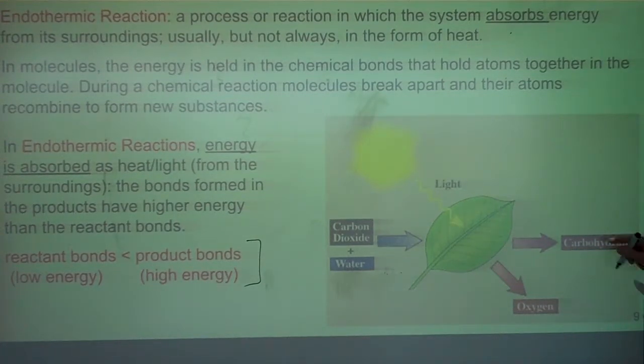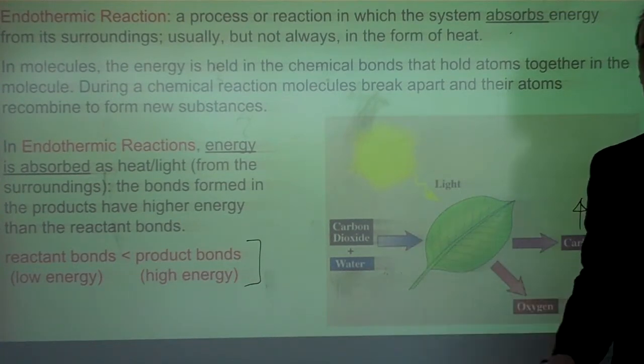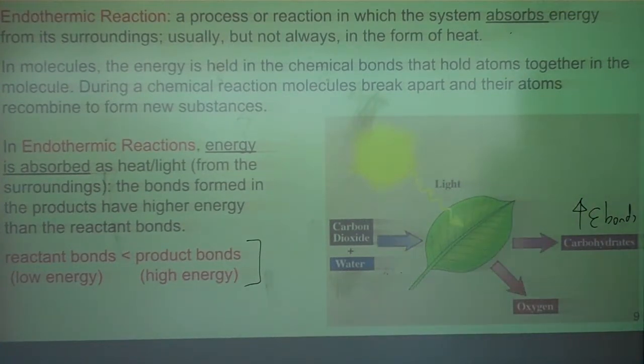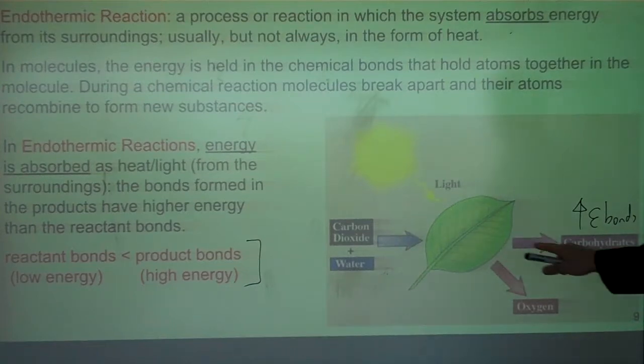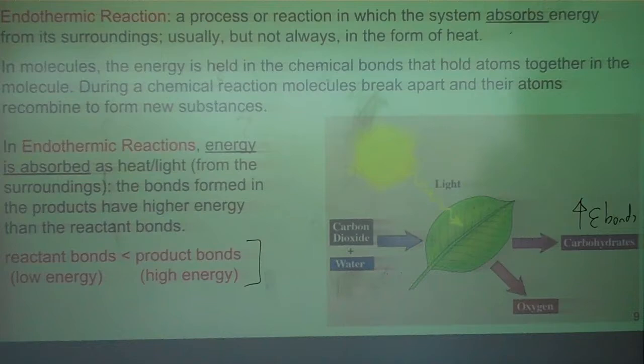This carbohydrate here, glucose, has high energy bonds, whereas these reactants, water and carbon dioxide, have low energy bonds. And it's the chlorophyll in the chloroplast that is capturing the light energy here and resulting in a high energy product. Endothermic reactions don't occur very often. Most of the reactions you'll think about are going to be exothermic. They're the ones you're familiar with.